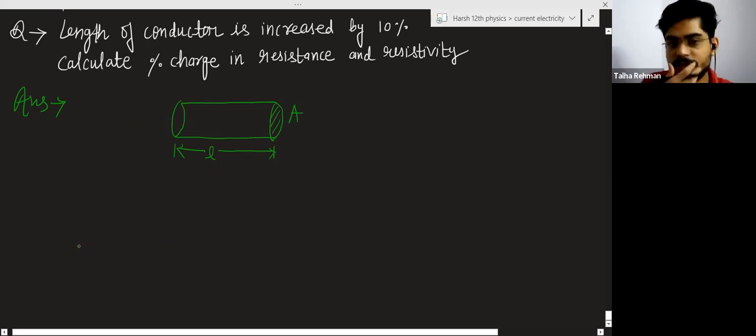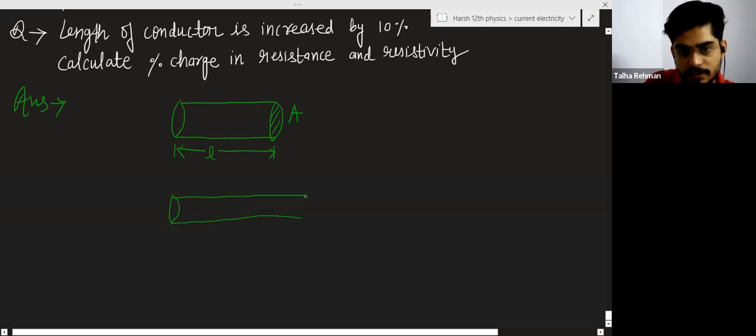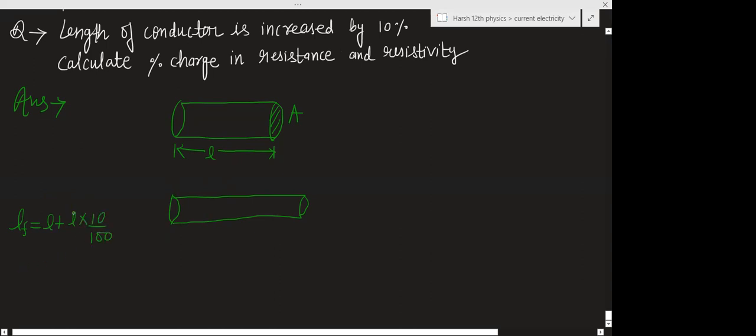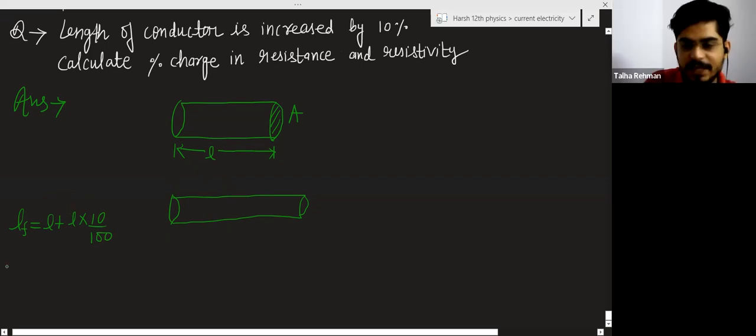Now the length of this conductor is increased by 10%. Length is increased 10% means finally the length will be L plus L into 10 by 100.